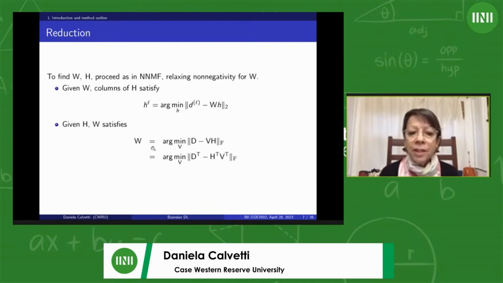by solving pretty much the same problem, except that right now I don't want to write too many transposes.